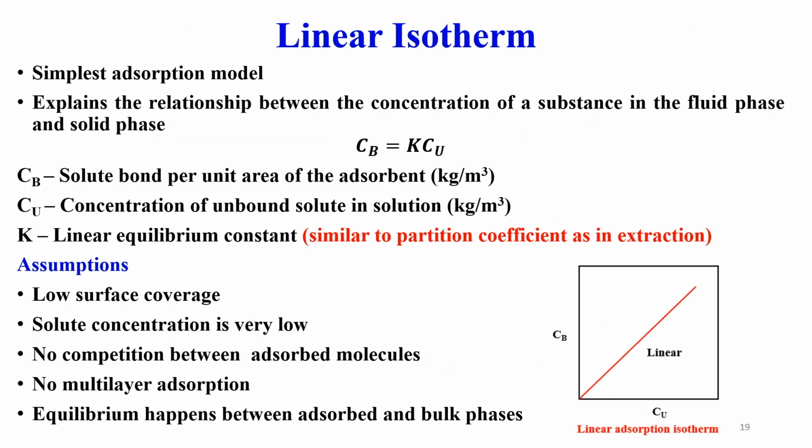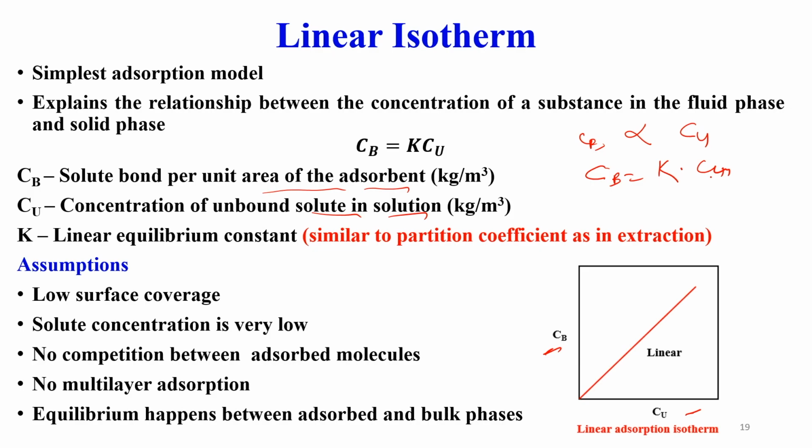The simplest one says Cb, the solute bound per unit area of adsorbent, is directly proportional to Cu, the concentration of unbound solute. The proportionality constant is K, so Cb is equal to K into Cu.